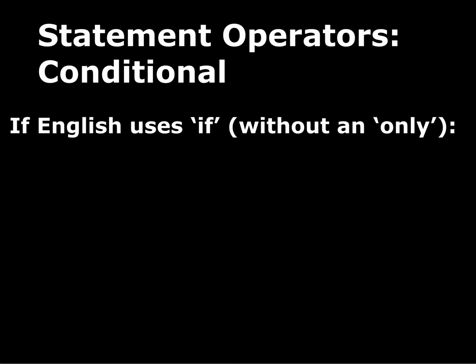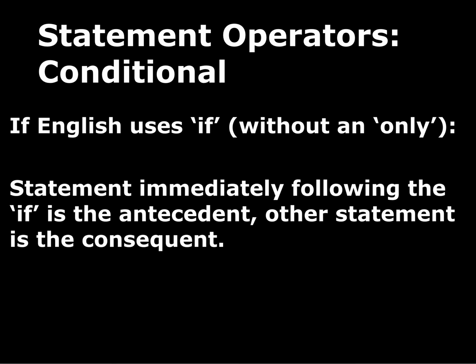So first let's talk about situations where English just uses if by itself, meaning it's not part of the only if expression. Maybe there's a then, doesn't matter. Maybe it's at the beginning, doesn't matter. What matters is that it's not only if, it's just if. In that case, whatever statement immediately follows the if is the antecedent, and the other one, wherever it is, is going to be the consequent.